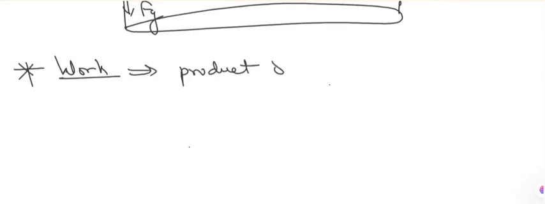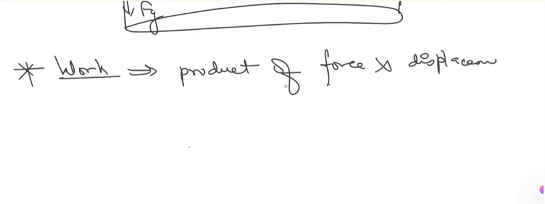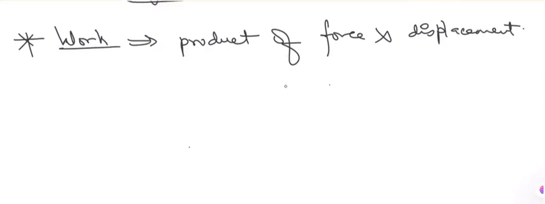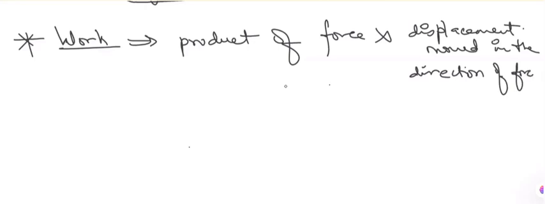Product of force multiplied by displacement, that is, displacement moved in the direction of force. So in the direction of force only you will see the work done happening. Done?